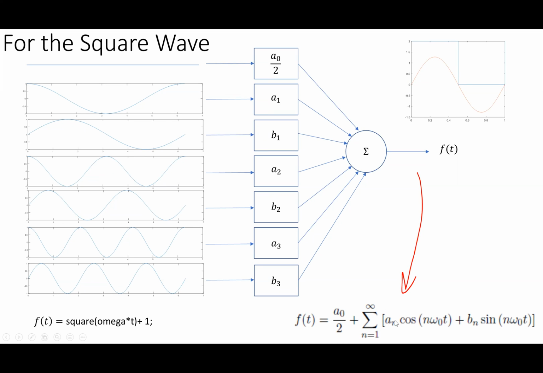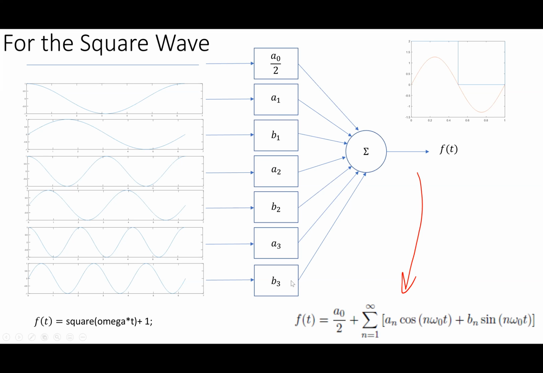What this means is I'm summing sine waves. I like to think of this visually, okay? In my brain, the summation is a little summing block like this. What it says is I'm going to take some amount of a constant, multiply it by some number, and add that to all of the sines and cosines that go into this.